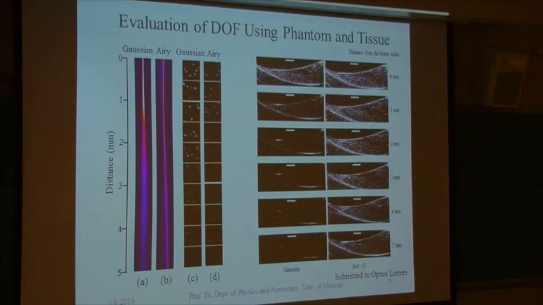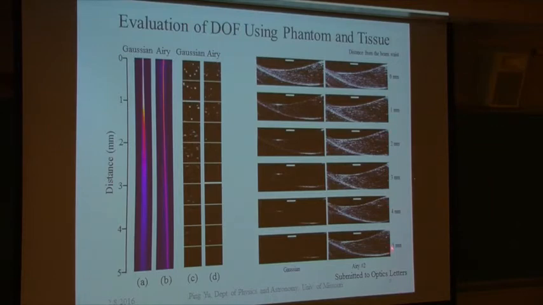So here's another example. This is a biological tissue, from onion tissue, and you can see for the Gaussian beam it just decreases quickly, but for the Airy beam, even at 5 millimeters, you still keep the shape of this onion. And in comparison, the depth of field of the Gaussian beam in this case is just 1 millimeter.